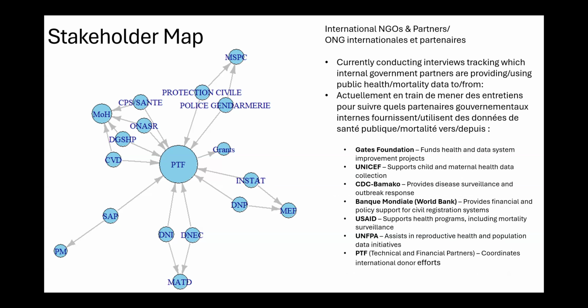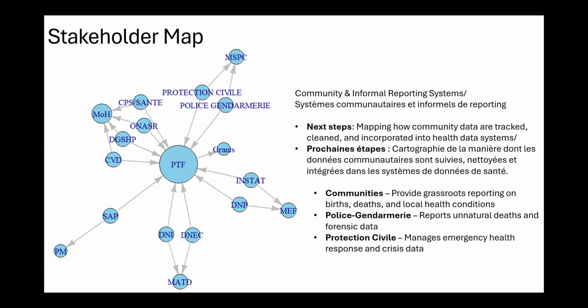The next stage was looking at the international NGOs and partners. You can see there's a list here. What we were surprised at was that, in our country context, community and informal reporting systems are also very, very important. And I will make a note of this.